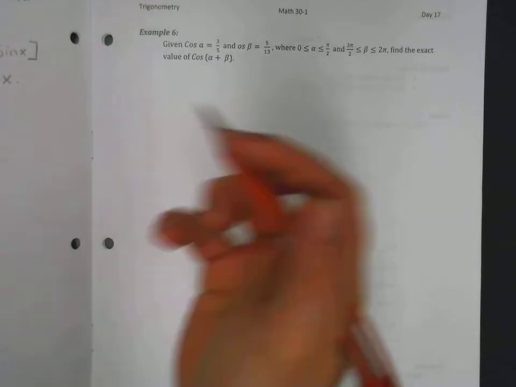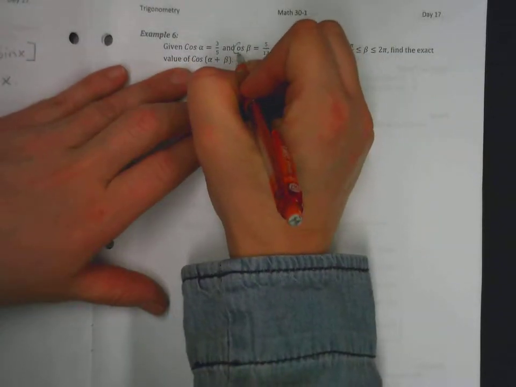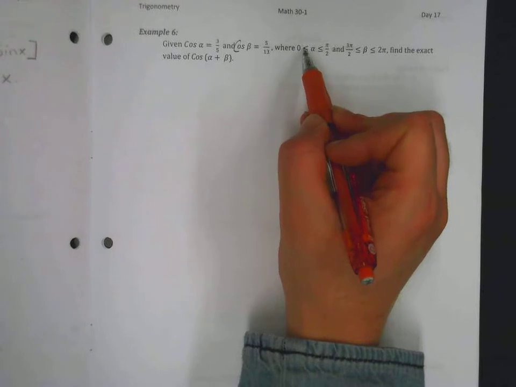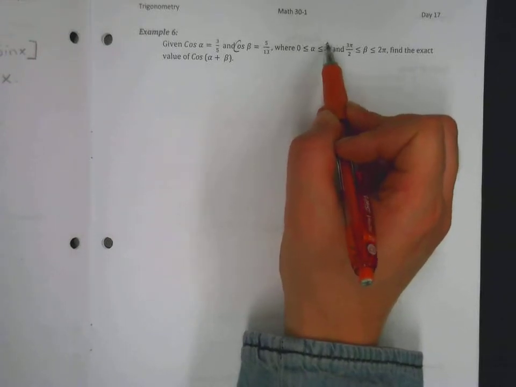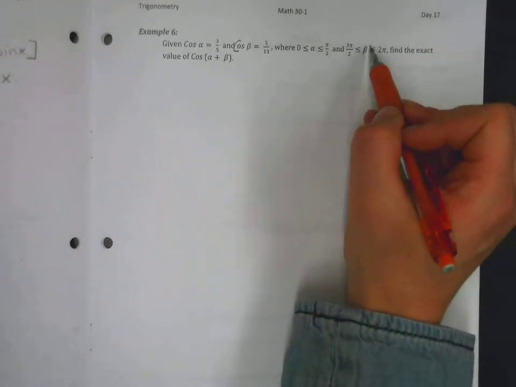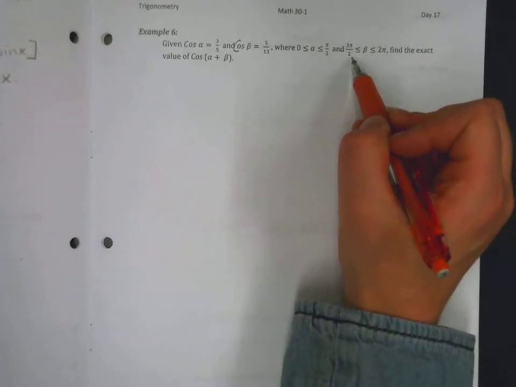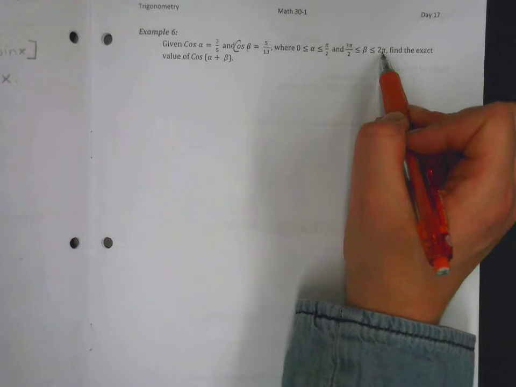Okay, and then last example. It says cos of alpha is equal to 3/5, and cos of beta is equal to 5 over 13, where alpha is greater than 0 but less than pi over 2, and beta is greater than 3 pi over 2 and less than 2 pi.